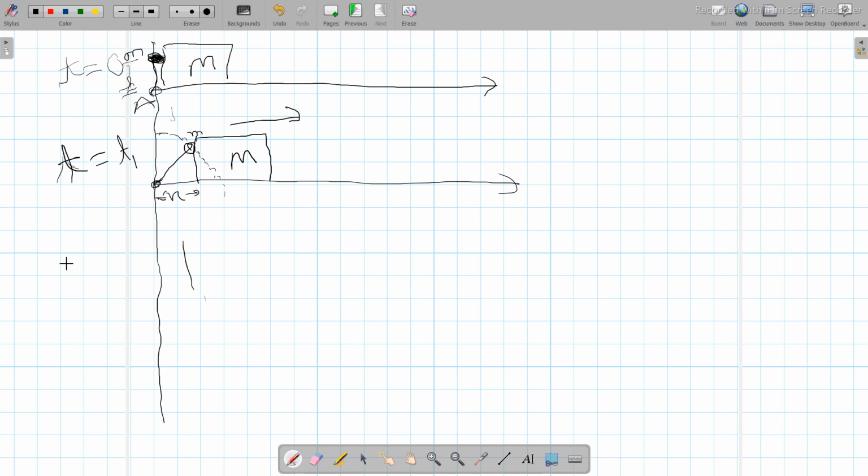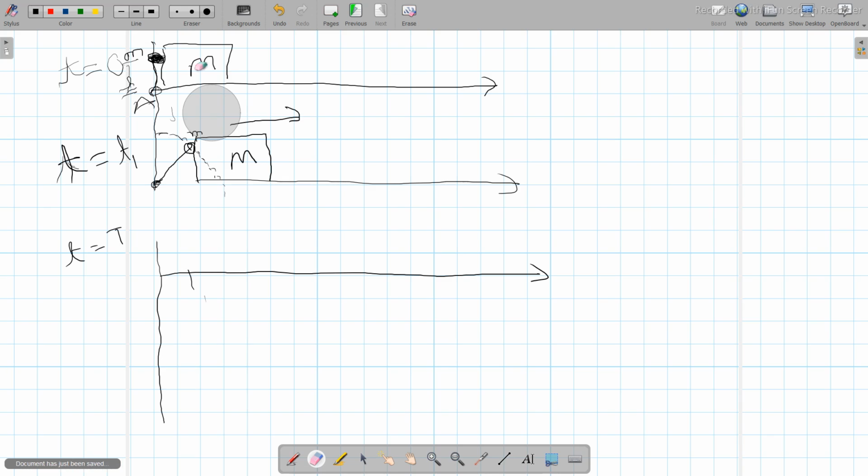So assume that after some time period, its angle will be just alpha. Now this is angle alpha.